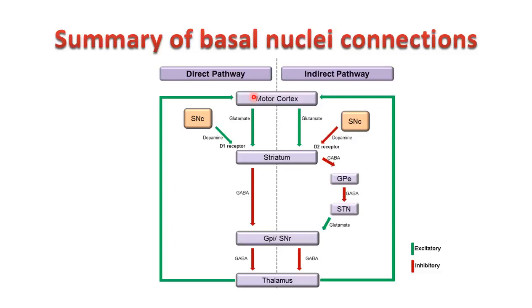Now, okay, so they also influence indirectly. You are able to see the striatum has direct connections, as I told you, with the substantia nigra, the pars reticularis. Okay, pars reticularis.